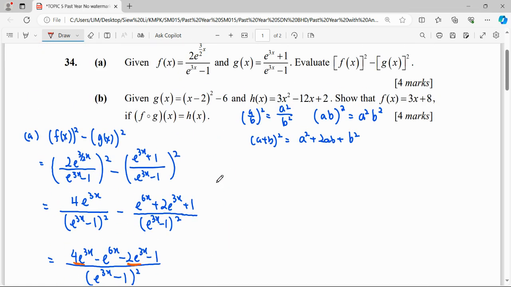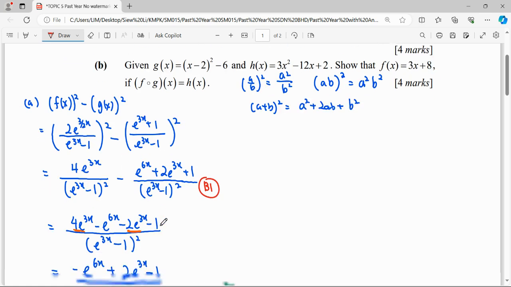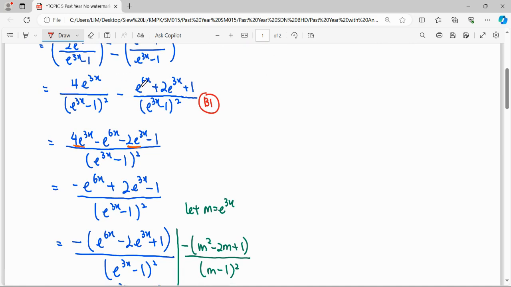So what are the important steps here to get 4 marks? Firstly, we have to understand how we're doing this f(x) squared, so how to expand this. Expand our function, numerator and denominator. Then when you want to simplify 2 fractions, we need to get the same denominator.